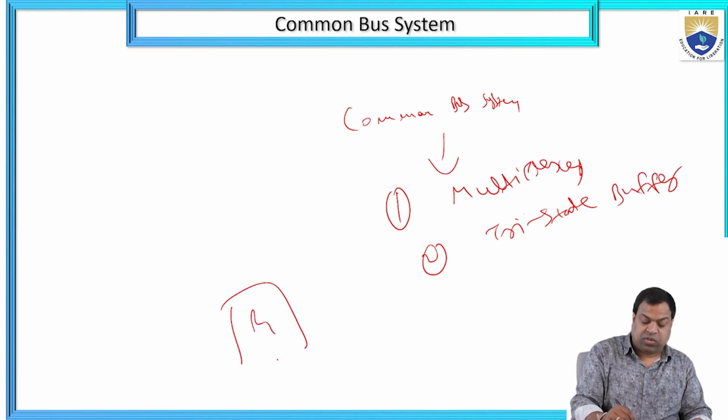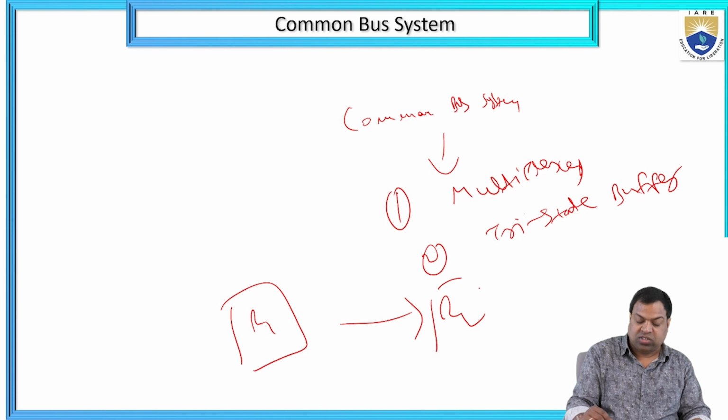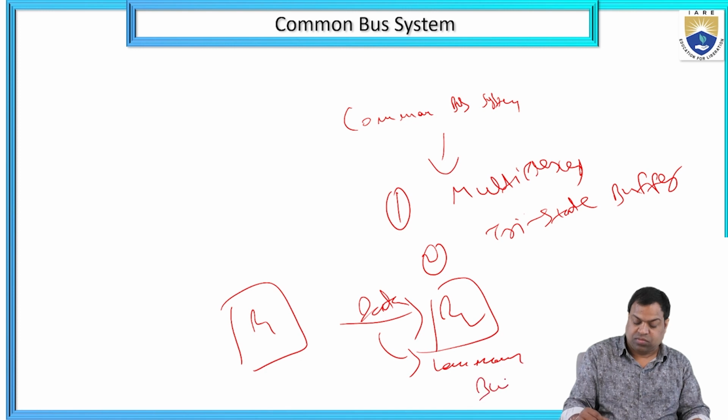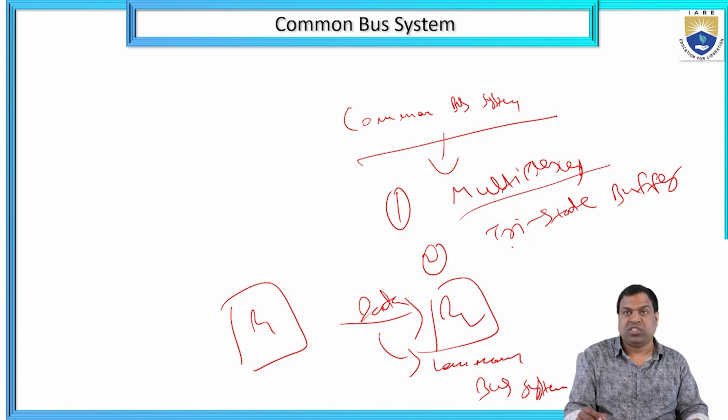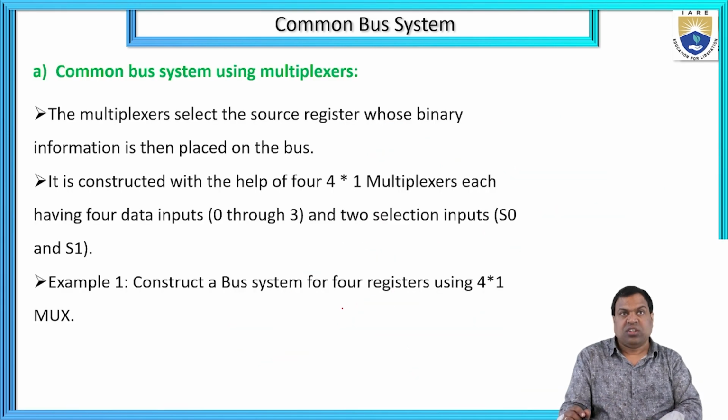When data is sent from R1 to R2 through the common bus system, how are the multiplexers designed and how are the tri-state buffers designed to send the data from one register to another register?